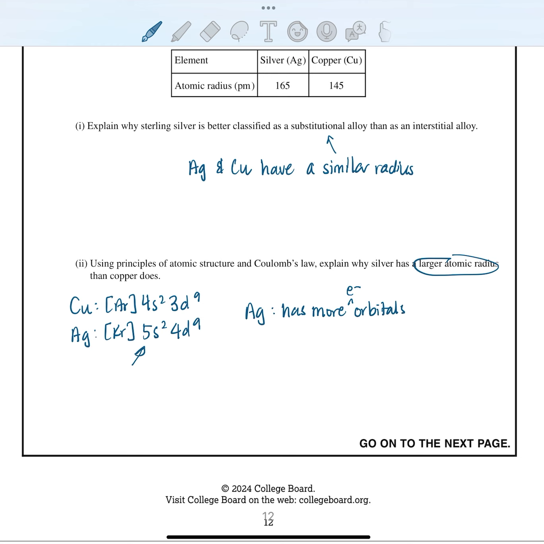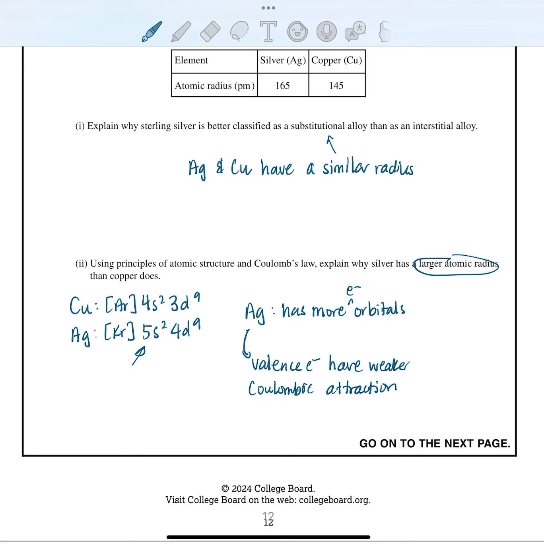Well, the valence electrons in this element are going to have a very weak nuclear or Coulombic attraction, which also contributes to its larger radius, because when your valence electron is not as attracted to the nucleus, you're going to be farther away from the nucleus.